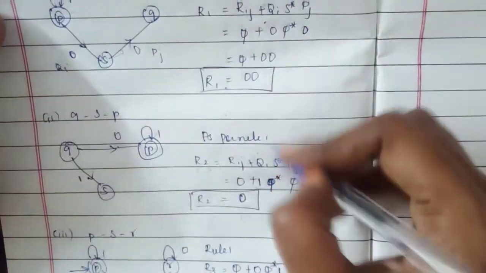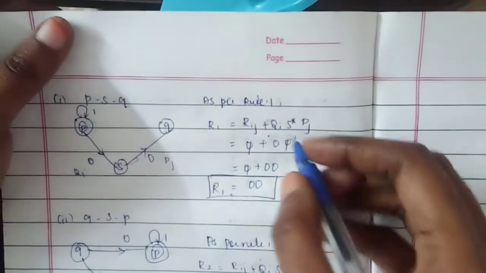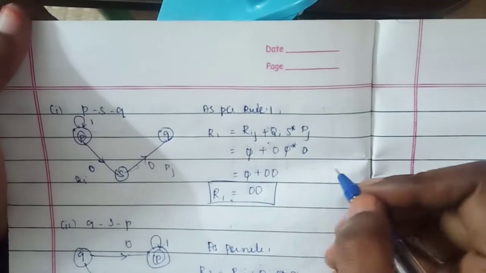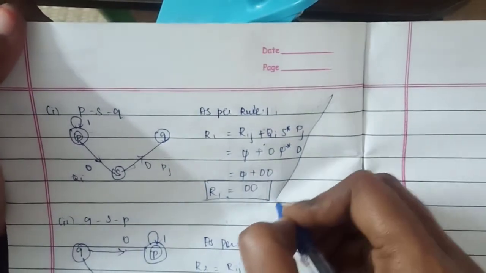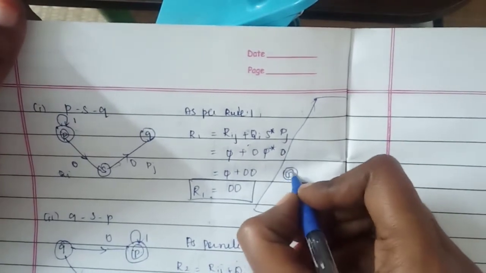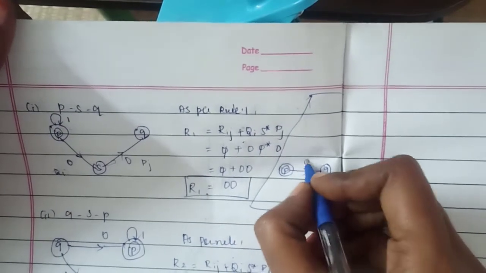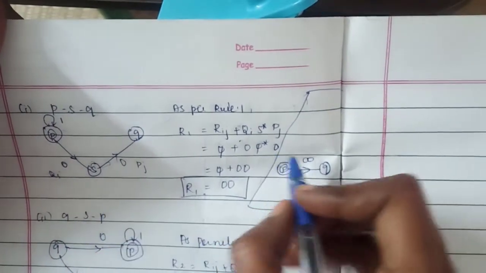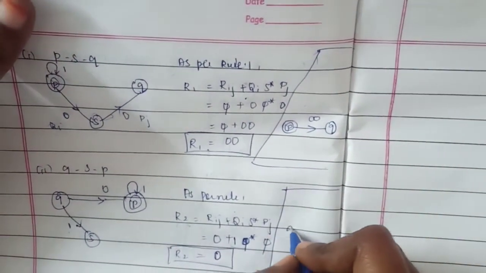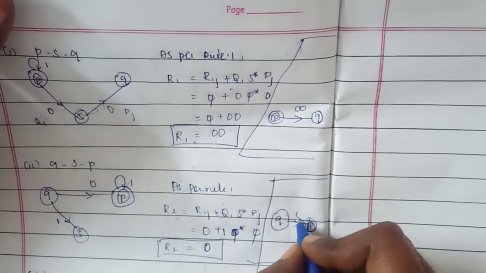When you draw this kind of diagram, we need to redraw the diagram for each and every state. After this, my diagram will look like this. See here, P to Q is 0 0 after eliminating this one, and Q to P is 0 only.